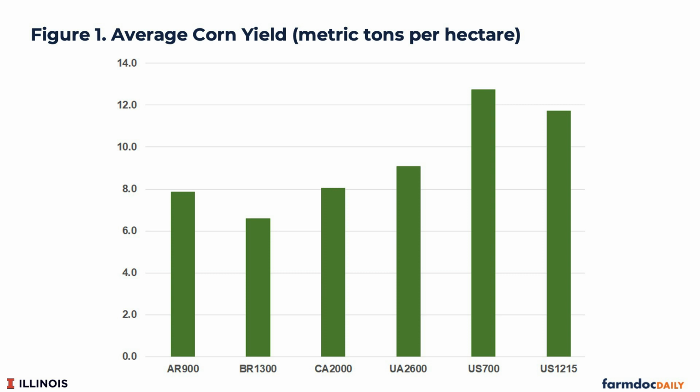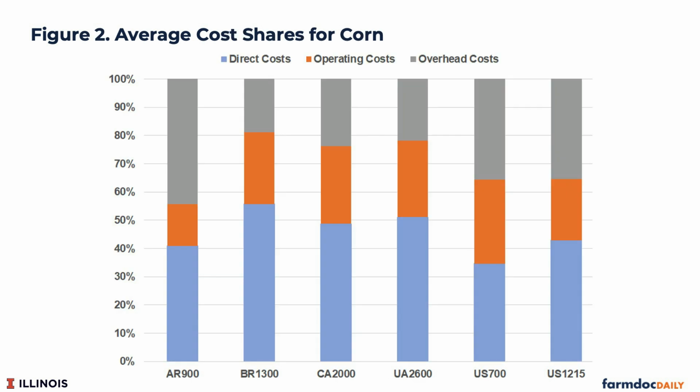Average farm yields range from approximately 6.57 metric tons per hectare for the Brazilian farm, 104.7 bushels per acre, to 12.73 metric tons per hectare for the Iowa farm, 202.8 bushels per acre. Figure 1 illustrates average corn yield for each typical farm. Both of the U.S. farms had average corn yields above 11.6 metric tons per hectare, 185 bushels per acre.